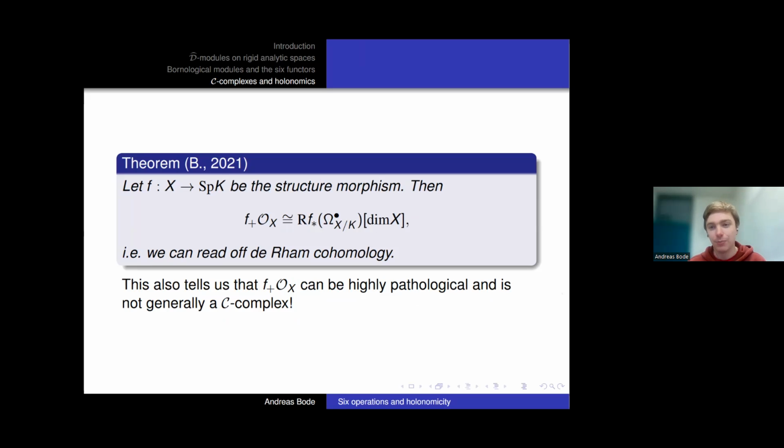And this, in principle, makes sense in very large generality if you are willing to define such stacks. So this is currently work in progress by Juan Esteban Rodriguez Camargo, who is taking this condensed approach to define the de Rham stacks in p-adic analytic geometry. And the hope is that this links up with our theory of D-modules, but that's not confirmed yet. Let's see.